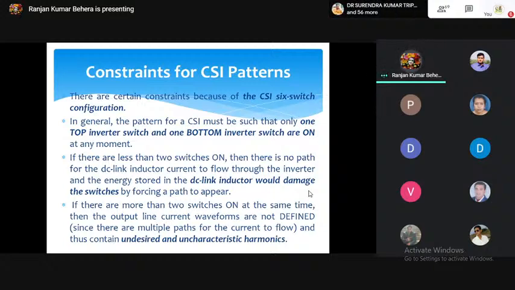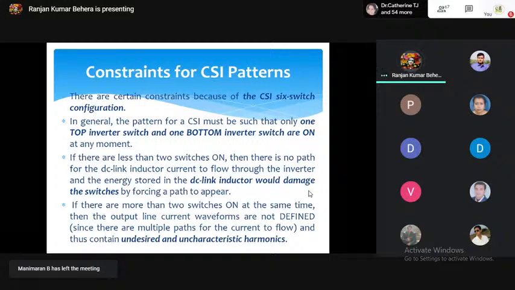Similarly here, you have 6 switches, and these 6 switches require continuous conduction because it is a current source. That means at least one switch from the top and one switch from the bottom should always be on.